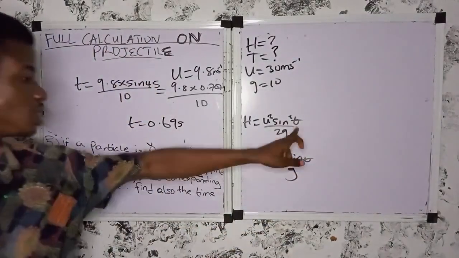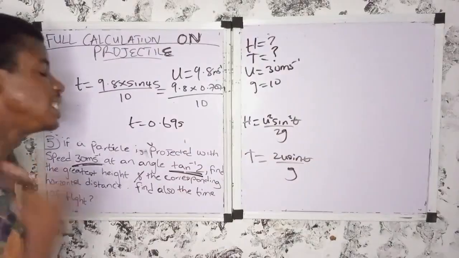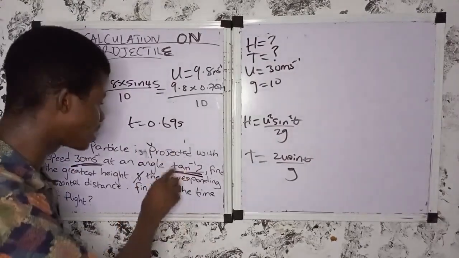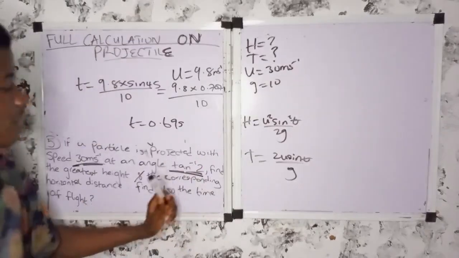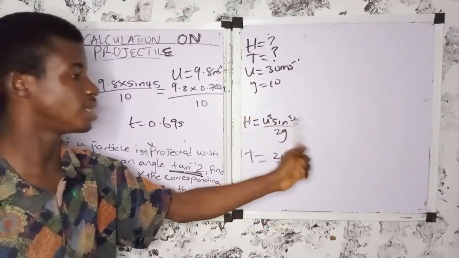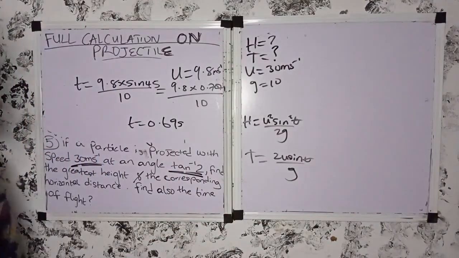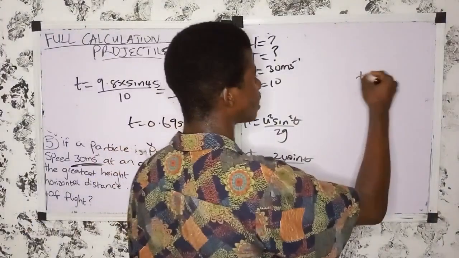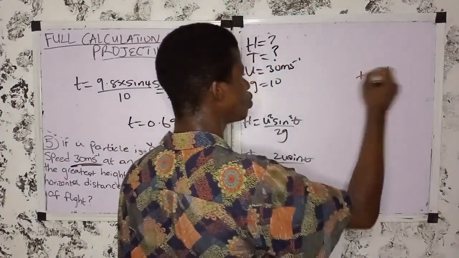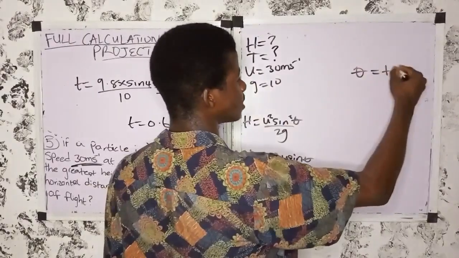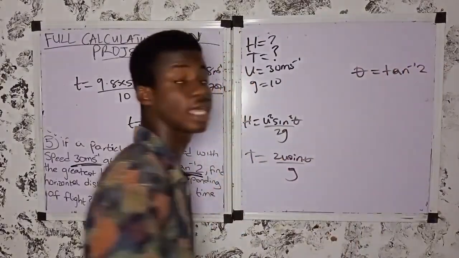Now, the angle which they give is inverse tan 2. So we have to convert this to sine theta. I don't know if you understand. How are we going to do it? Let's start now. Inverse tan 2, they say theta is equal to inverse tan 2, right?